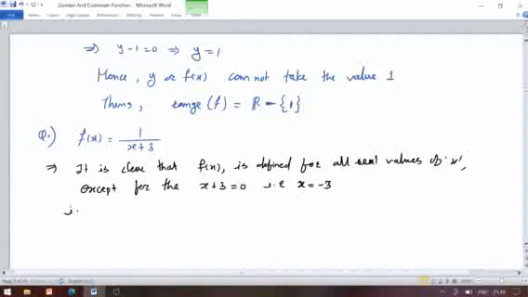That is, when x is equal to minus 3, f of x will be undefined.